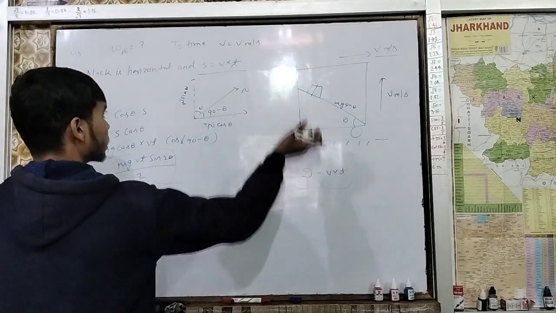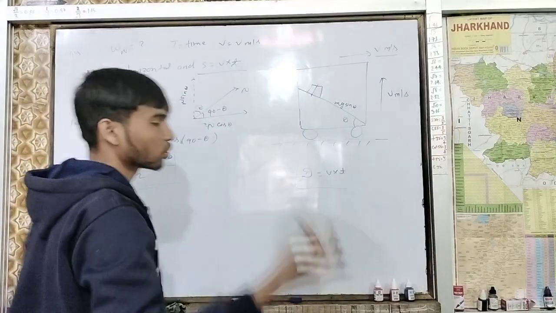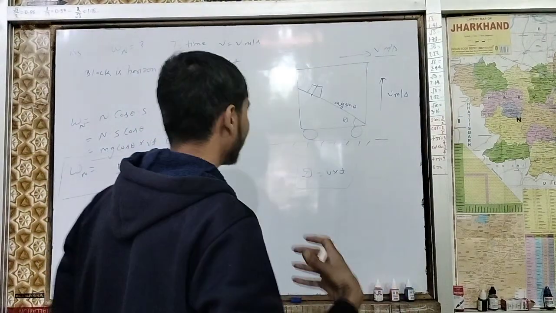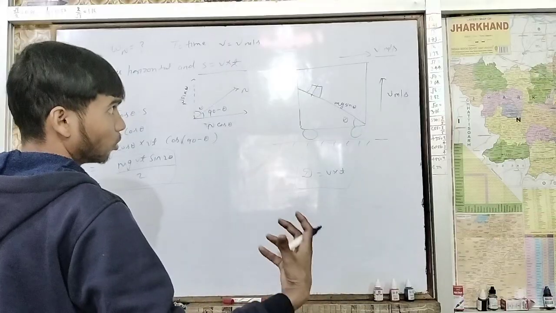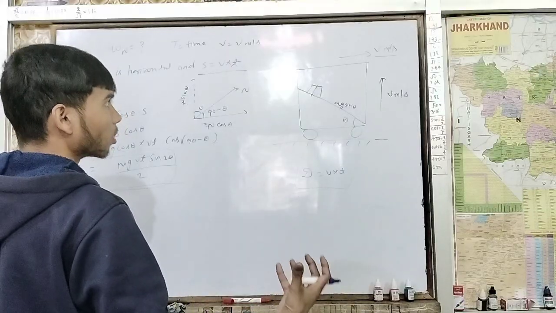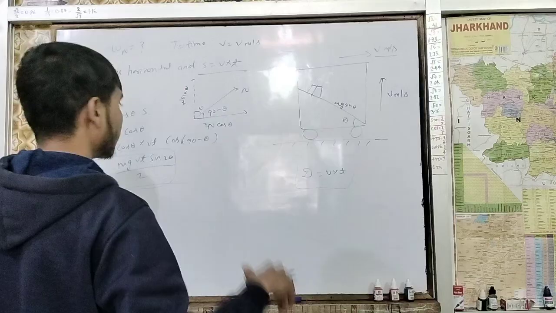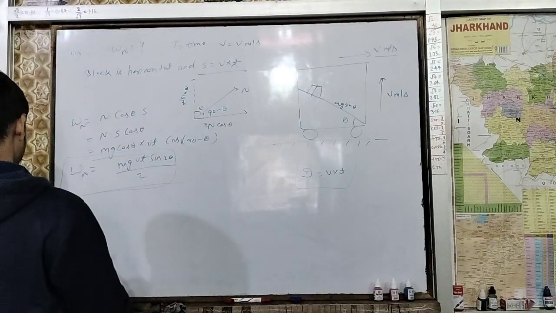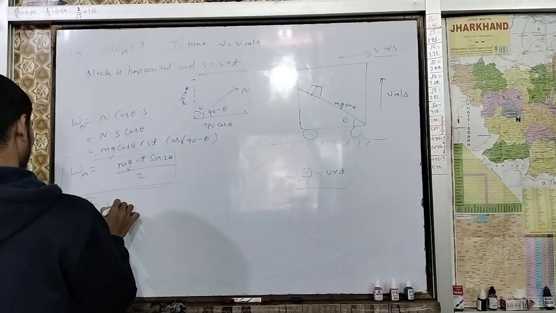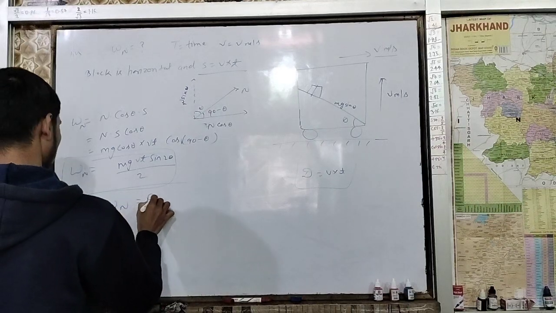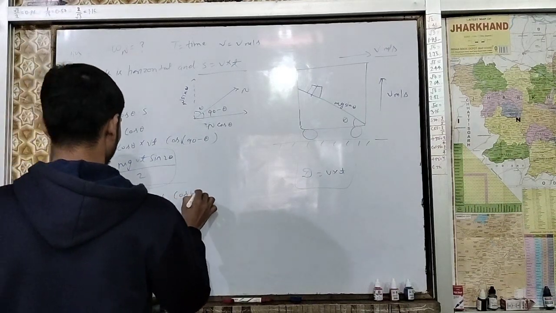So if a cart is going upward in which there is a block, we are calculating the work done by the normal reaction on the block which is inside the cart. So case number two, work done by normal reaction will be F S cos theta.